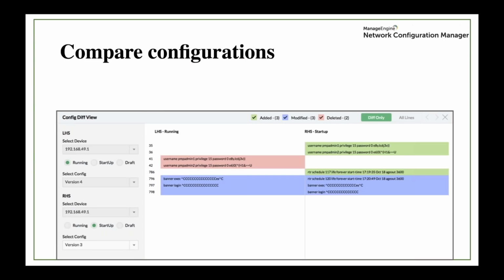Now the other thing that you can do with change management is compare the configurations. This is a crucial thing that you can do with NCM, because this helps in troubleshooting when there is a network issue. One scenario is that you can compare different versions of the same device. For example, let's say that a particular device has started malfunctioning suddenly.